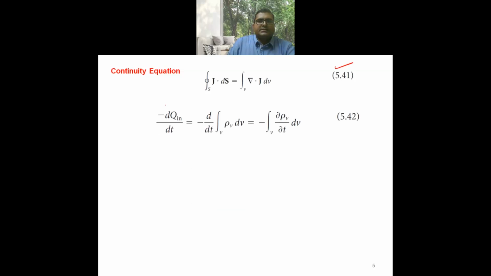The RHS of the continuity equation, minus d by dt of Q in, is equal to minus d by dt of the volume integral of rho v dv. If we move d by dt into the integration, it becomes partial derivative with respect to t, so it is minus the integral of dou rho v by dou t with respect to volume. Let it be equation 5.42.